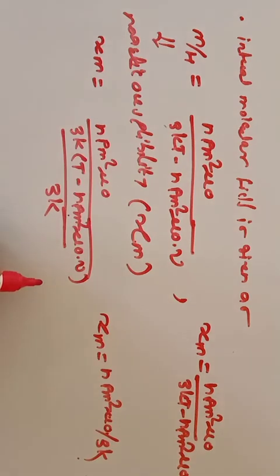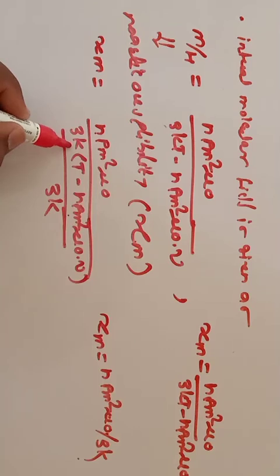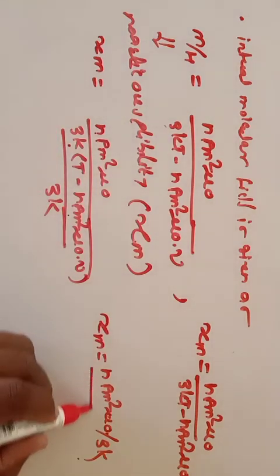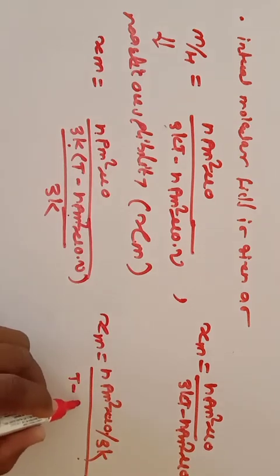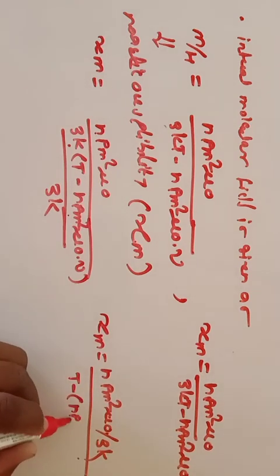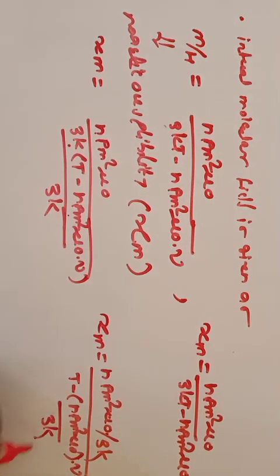This term remains as it is, and we can write the denominator as t minus, in bracket, n pm square mu 0 into gamma upon thrice k.